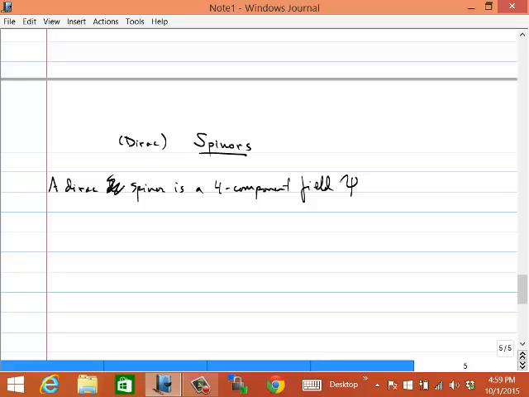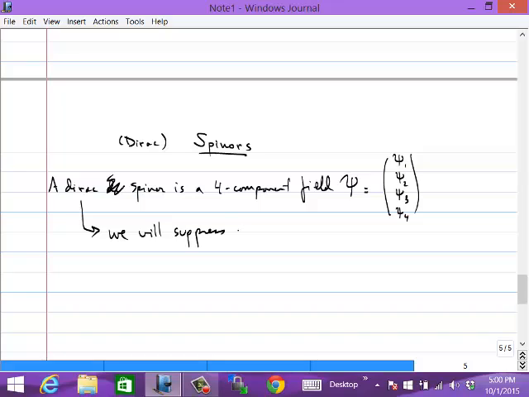So in the language that we used earlier, we would say it's a four-dimensional representation of the Poincare symmetries, or the Lorentz symmetries. But it's a four-component object, which if we wanted to, we could represent as some sort of four-component column vector. But I'm going to suppress the indices whenever I can.